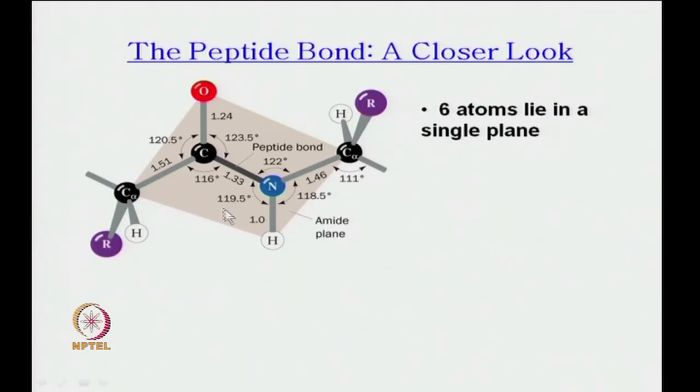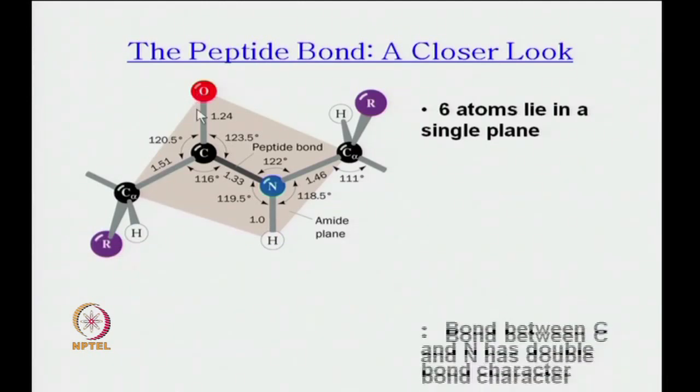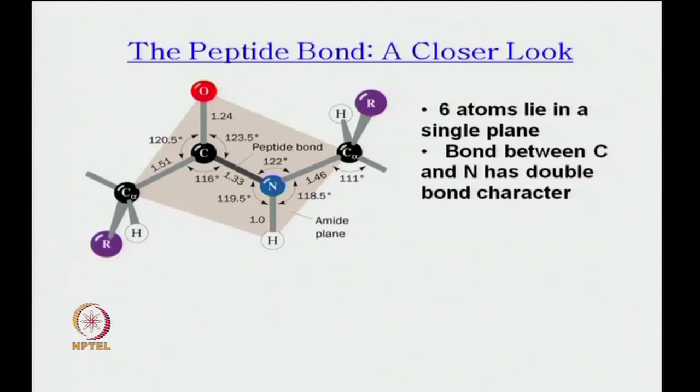C alpha, C, N, C alpha make 4, then H, then O, 6. Now, the bond between C and N has double bond character, and this is a trans configuration.